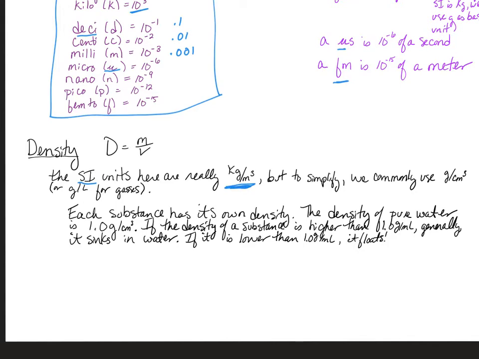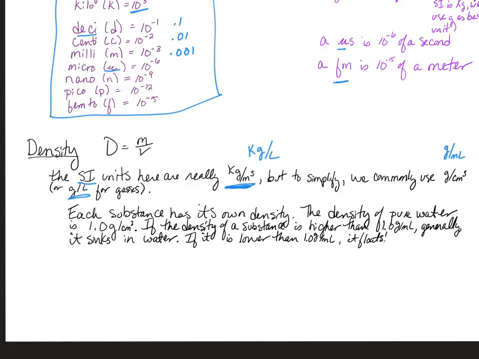In other words, that's the same thing as kilograms over liter, because remember, meter cubed is the same thing as liter. But honestly, we really use more often gram over centimeter cubed, which is the same thing as gram over milliliter, right? Or if we have gases and measuring the density of a gas, often this is something that's gram over liter.